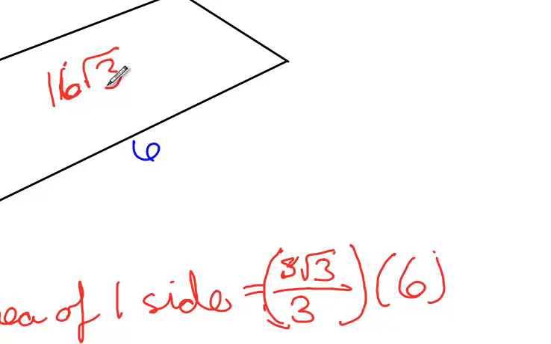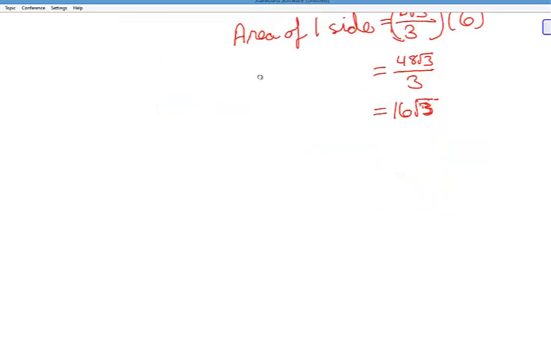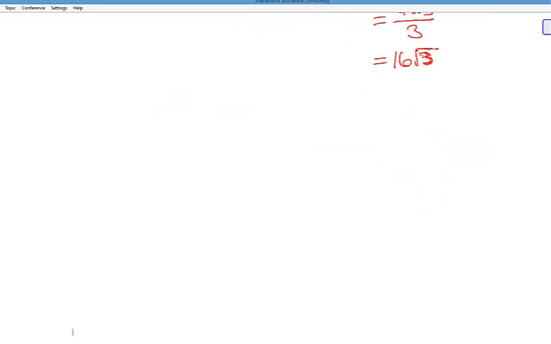I have found the areas of the individual pieces at this point. I want to find the area of all of it, the total surface area, to find out how much material that I need. So we have two triangles because we have one on each end.